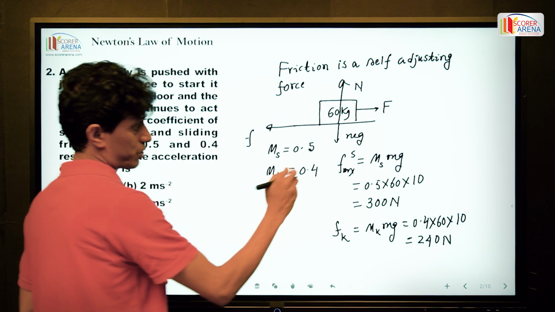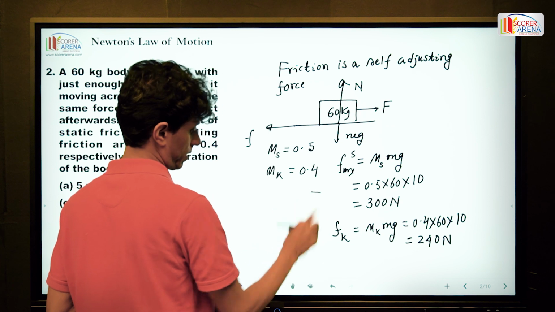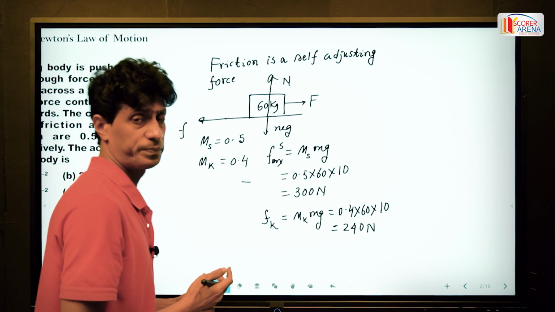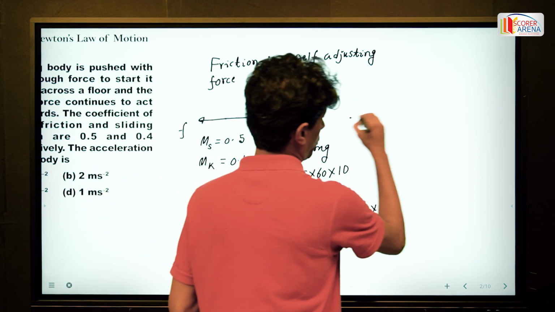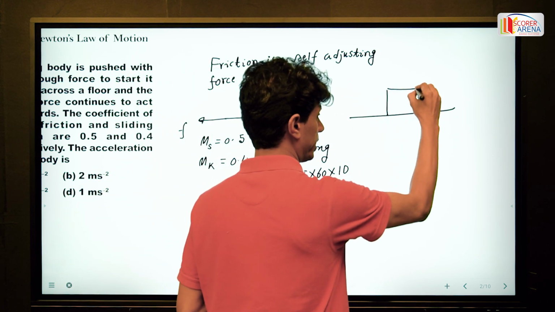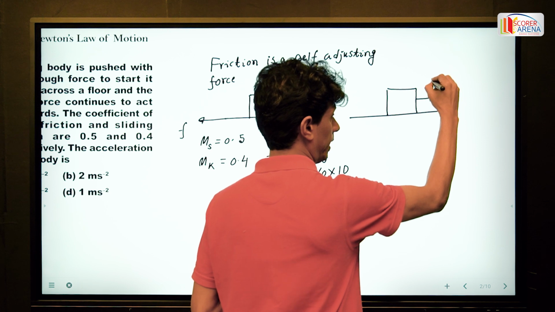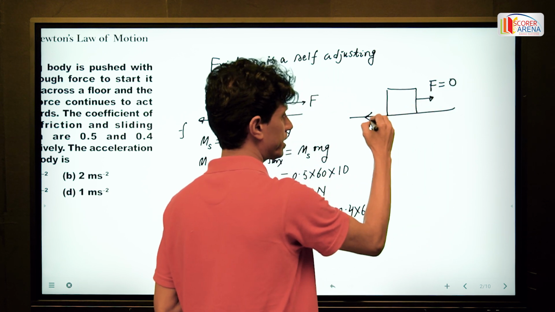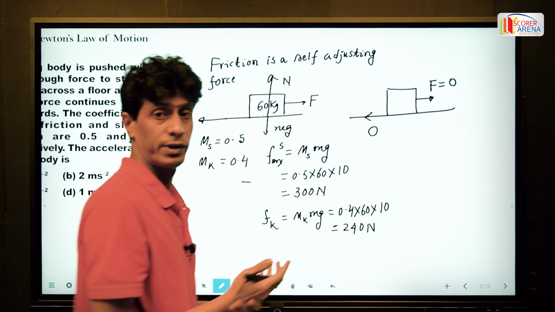Since this force is a variable force acting on the body, let us say when this force is 0, friction in this direction is also 0.